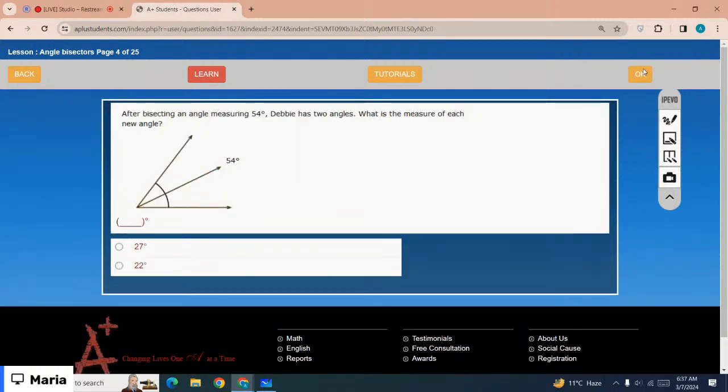After bisecting an angle measure 54 degrees, Debbie has two angles. What is the measure of each new angle? So, which is the correct option?